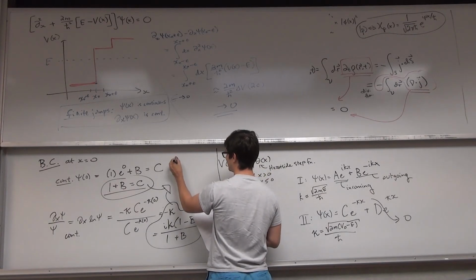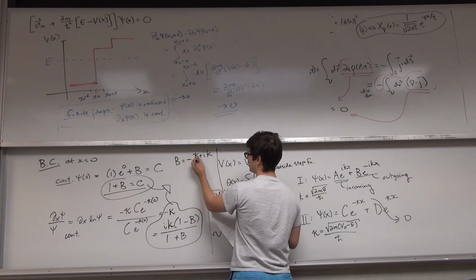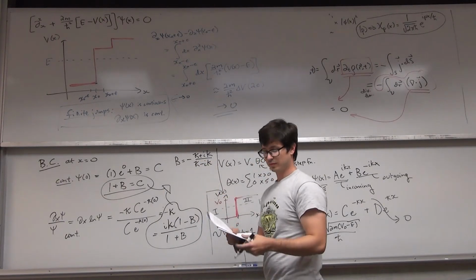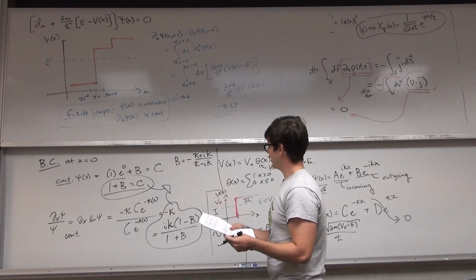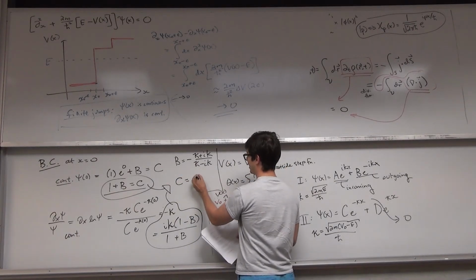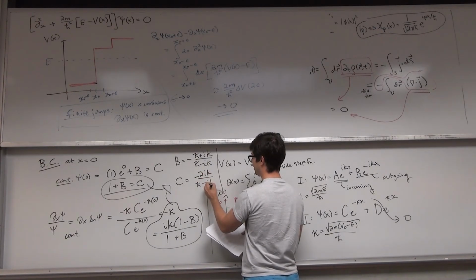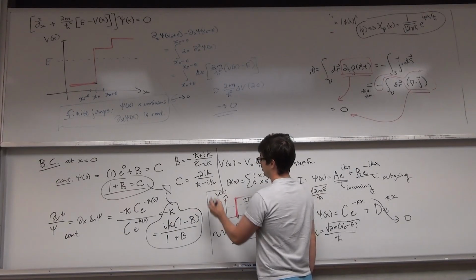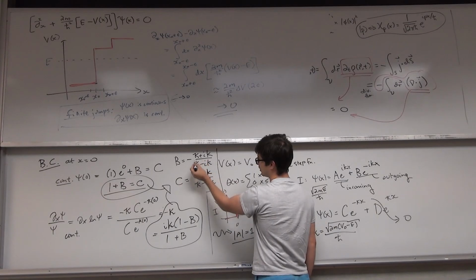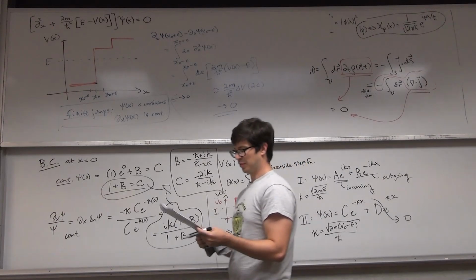We get that b is equal to minus kappa plus ik over kappa minus ik. And this thing, c, is minus 2ik over kappa minus ik. So these are k's, ik's over here, and these are kappas. And this is our solution to the problem.